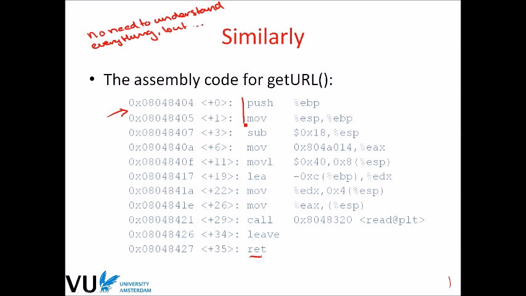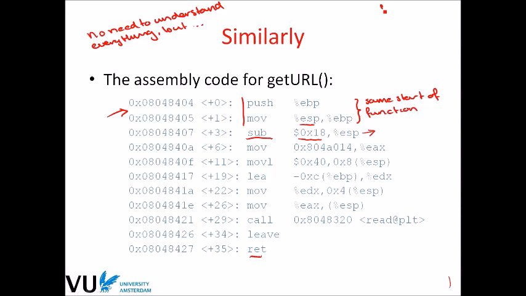We push the frame pointer, so that becomes the old frame pointer, and then we move the current value of the stack pointer into the frame pointer or the base pointer register. It's the exact same prologue. What we see here is a subtraction. So we subtract the hexadecimal value 18 from the current value of ESP.